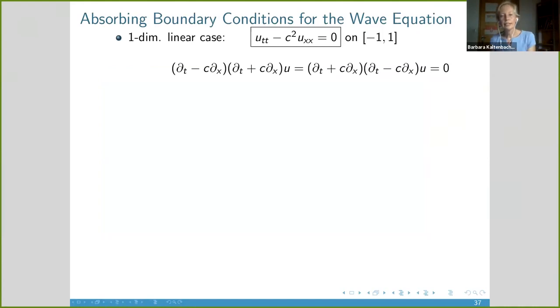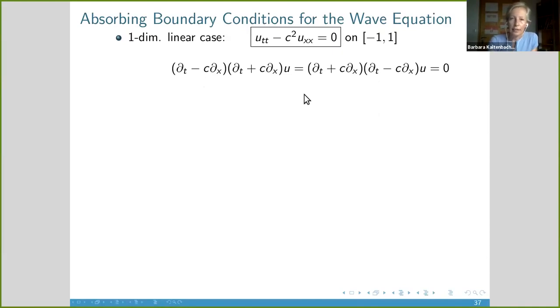So how to get such boundary conditions mathematically? This is best explained by means of the one-dimensional scalar wave equation. In the 1D case, as you certainly know from the derivation of D'Alembert's solution, one can decompose the wave operator into two parts, either way.